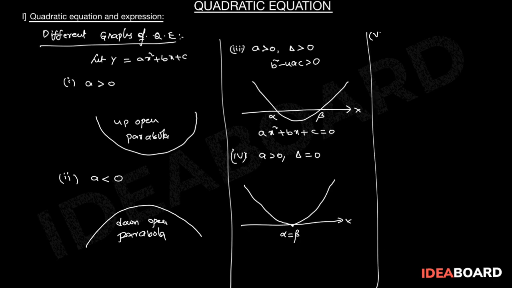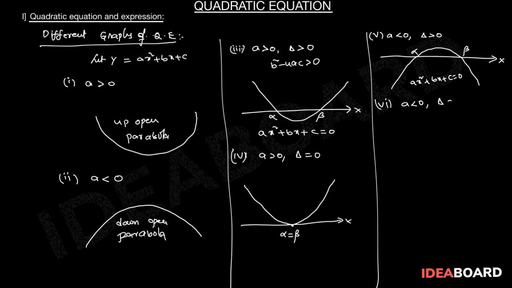Fifth one is, if a is less than 0 and delta greater than 0, the curve represents a downwards parabola and meets the x-axis at 2 points; those points alpha, beta are the roots of ax square plus bx plus c equal to 0. And sixth one is a is less than 0, delta equal to 0.